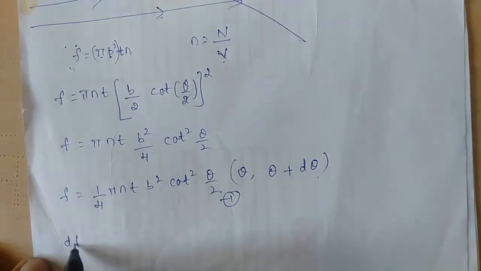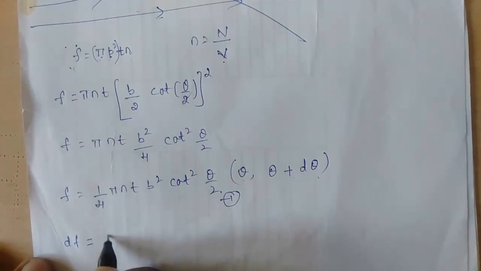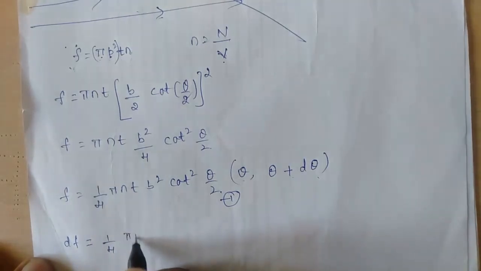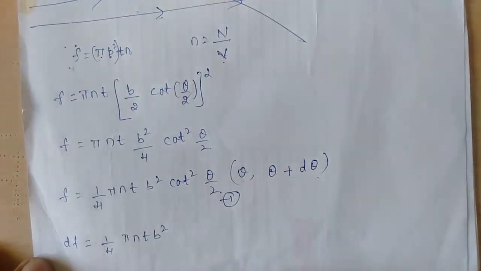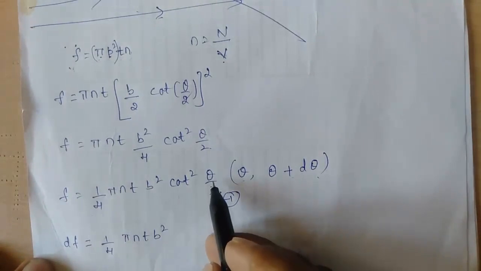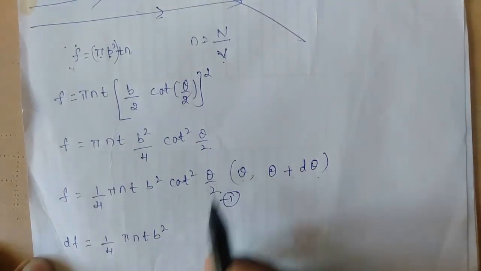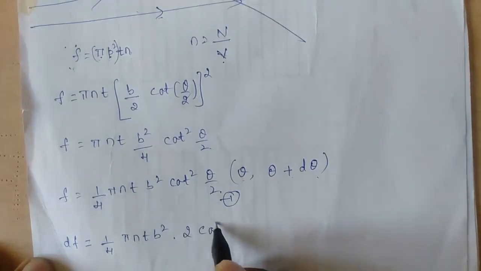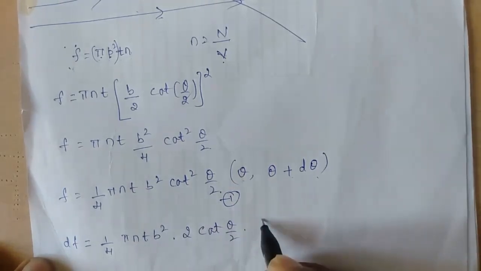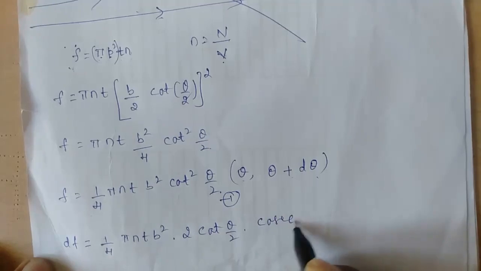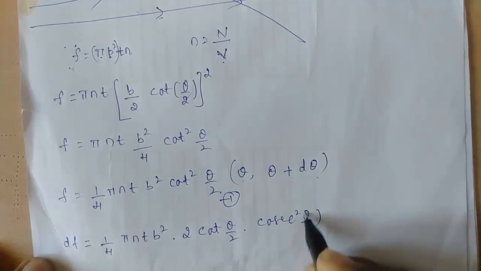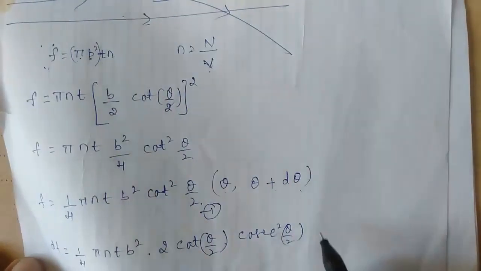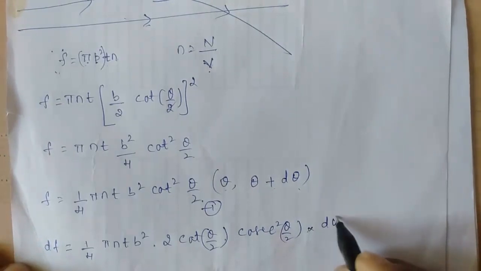So therefore df is equal to, so 1 by 4 pi N T b square is constant. Since we are differentiating with respect to theta, the differentiation of cot square theta by 2 can be written as 2 into cot theta by 2 into cosecant square theta by 2 into d theta divided by 2.